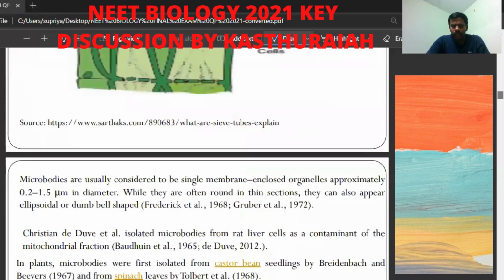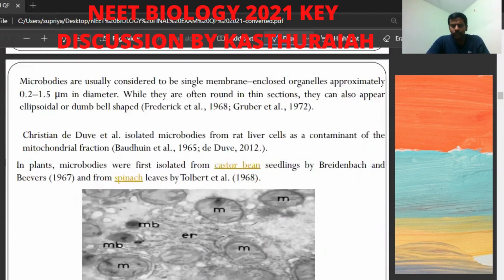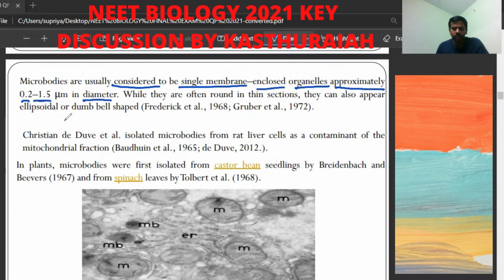Now see here the microbodies. Actually, these microbodies are found in both the cells. What are actually microbodies? Microbodies are usually considered to be single membrane enclosed organelles approximately 0.2 to 1.5 micrometer in diameter. Now you see here, student, Christian de Duve et al. isolated microbodies from rat liver cell.